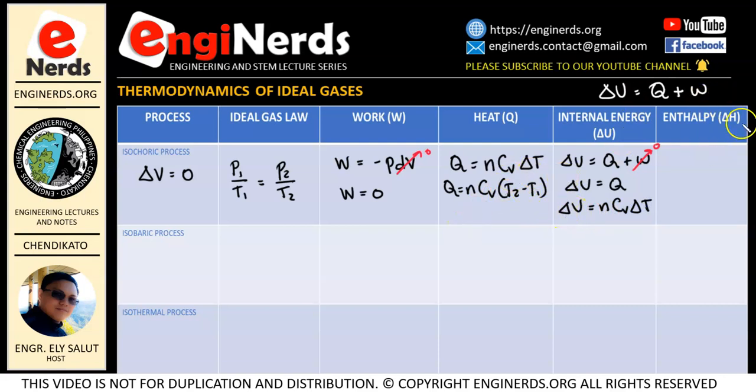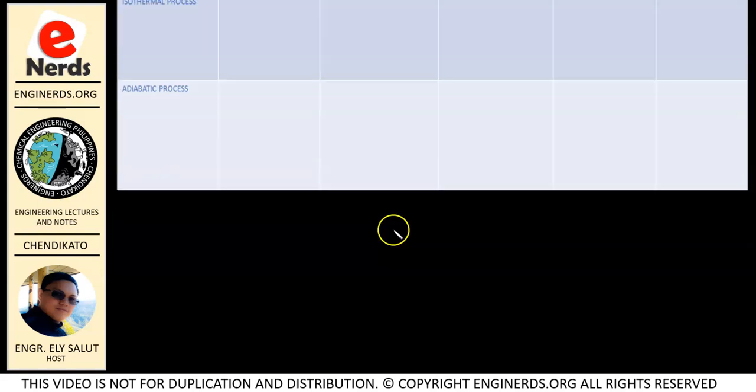Now, for enthalpy, as you know, we have a separate video about this one. We learned that enthalpy, delta H, is equal to N CP delta T, where CP is the specific heat capacity measured at constant pressure. Now, we learned in our lecture about specific heat that there is a relationship between CV and CP, right? And we could write that here.